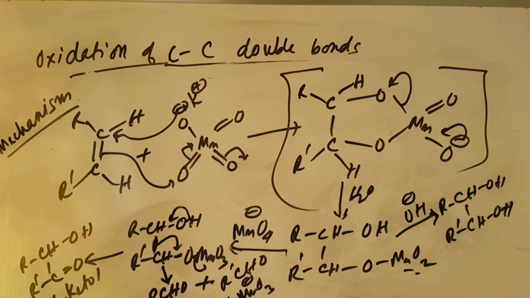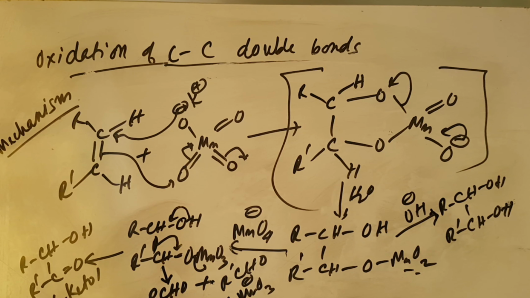In the case of manganese oxidants, we generally have potassium permanganate, and for chromium 6 oxidants we have chromium trioxide, chromic acid, potassium dichromate, sodium dichromate, chromium chloride, or PCC like this. In the case of manganese 7 compounds, a gain of 5 electrons takes place, but in the case of chromium 6 compounds, a gain of 3 electrons takes place.